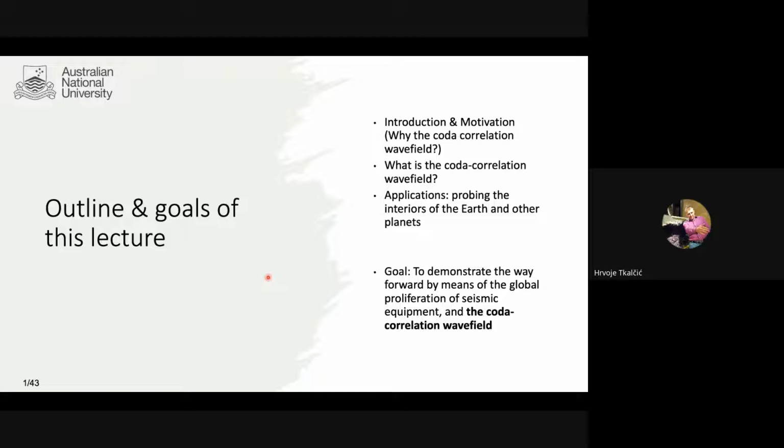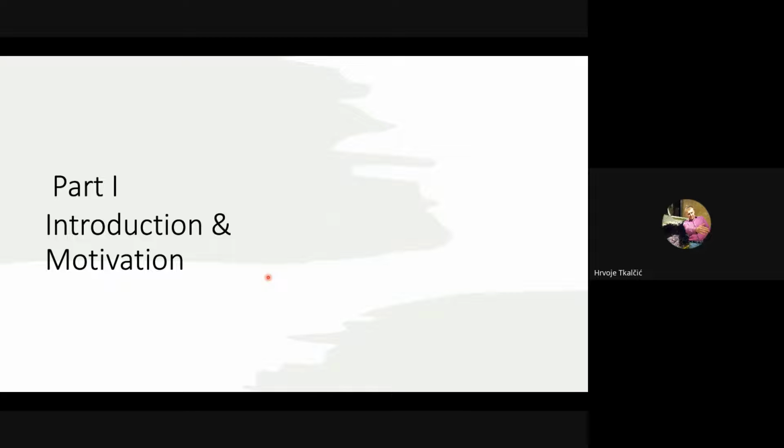So my goal is to demonstrate that apart from the proliferation of seismic instruments in the years to come, these new methods such as coda-correlation are really one of the ways forward that I think will basically define global seismology, but also planetary seismology in the decades to come.